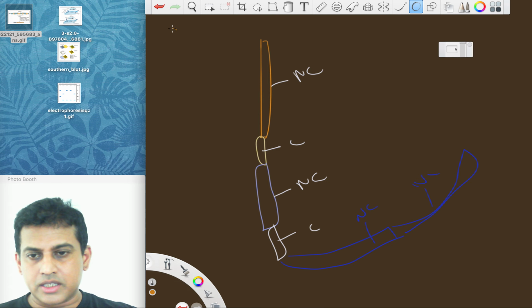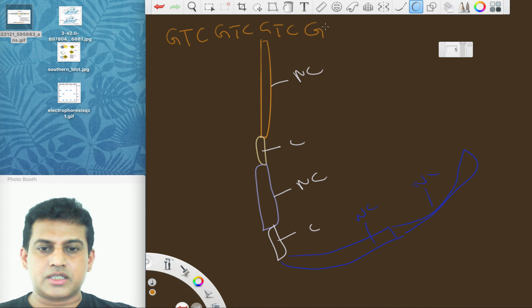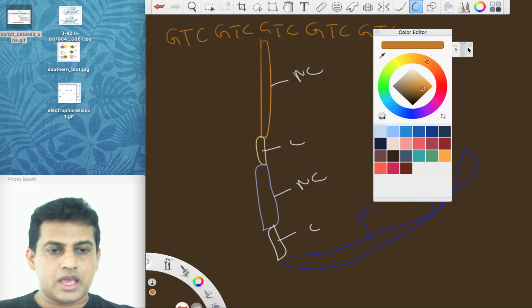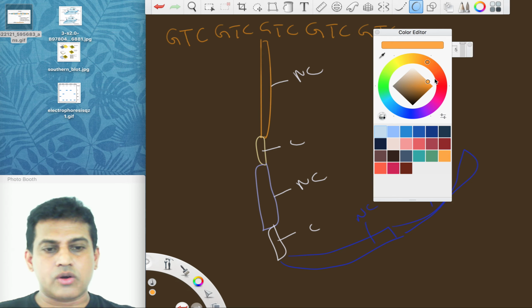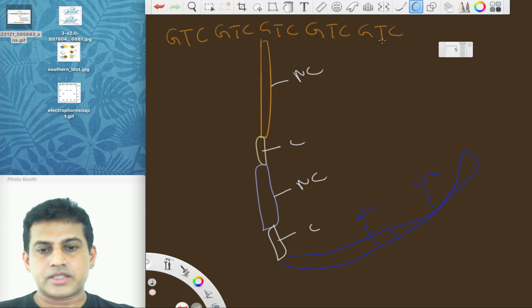Let's say this one G, guanine, nucleotide, thymine and cytosine. This trinucleotide repeat like this GTC. So GTC, GTC, GTC. So that's a repetitive sequence. So this repetitive sequence, it's very unique in these non-coding regions. We can find large number of these repetitive sequence.